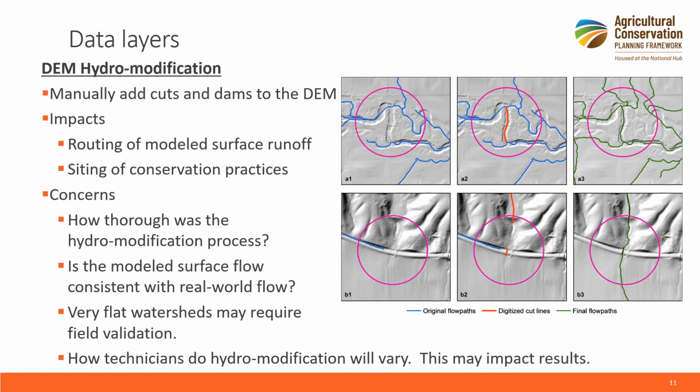Each technician who completes a hydro modification of ACPF analyses may make different decisions. Therefore, other users of ACPF outputs should understand the potential sources of error and variability that exist in the modeling process, and these should be considered when using ACPF outputs for conservation planning efforts.